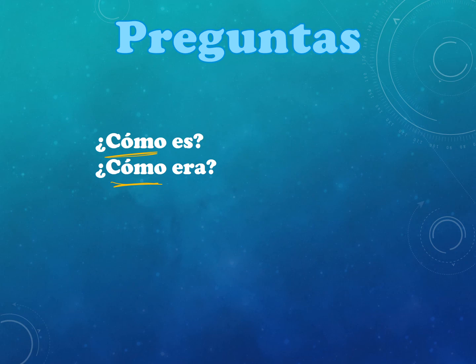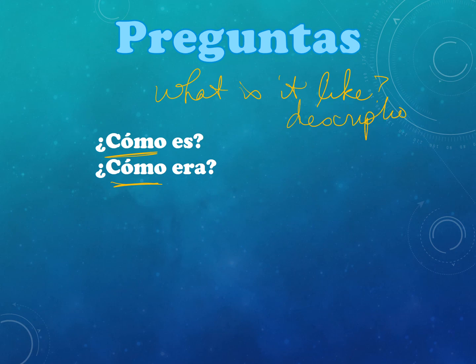We're asking for a description, okay? So these questions are asking, what is it like? Asking for a description. So ¿cómo es? What is it like? ¿Cómo era? What was it like? And era is that continuing past tense. That's the imperfecto form.